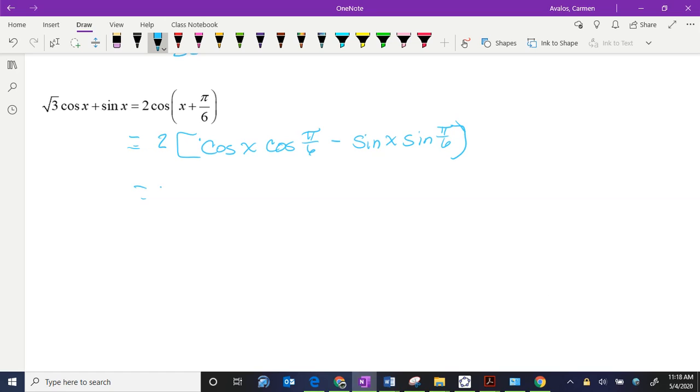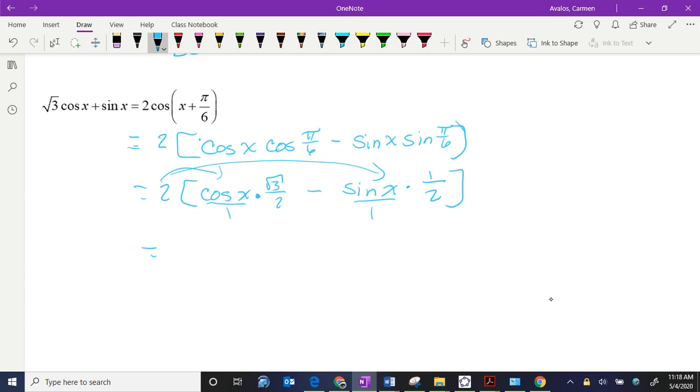So when we do this, it's going to be the cosine of pi over 6, which is 30 degrees. So it's going to be square root of 3 over 2, and it's being multiplied. And this one here is going to be the sine of x times 1/2. And then the 2 gets distributed to both of them, and this is a coefficient, so it moves to the front. And notice how this is over 1 because it's a fraction times a fraction.